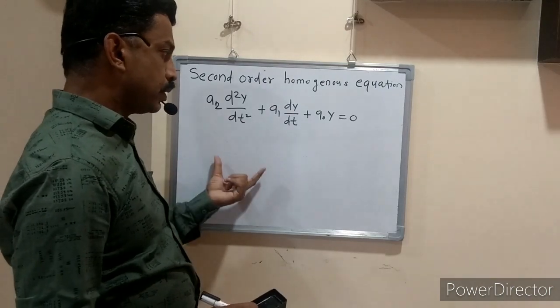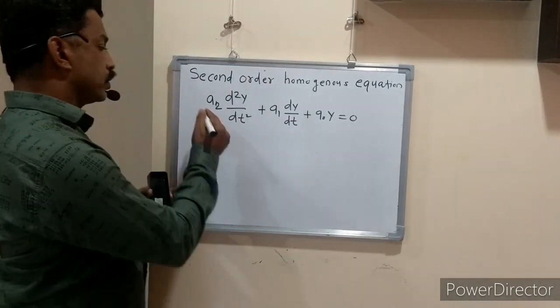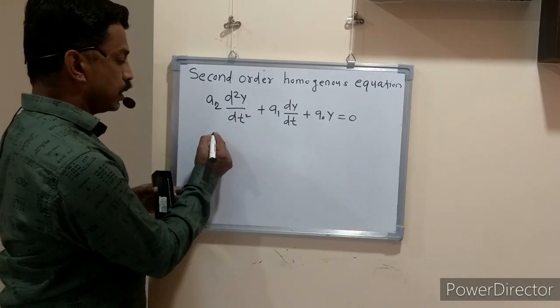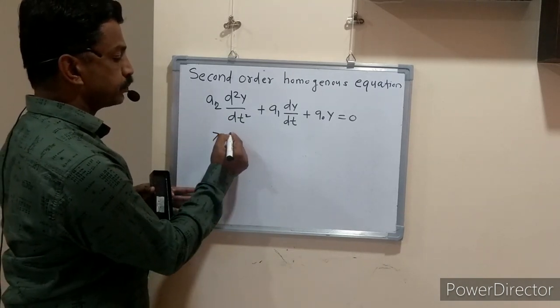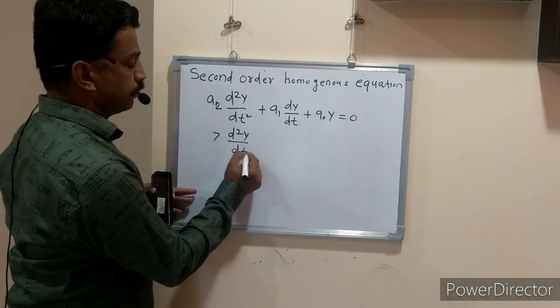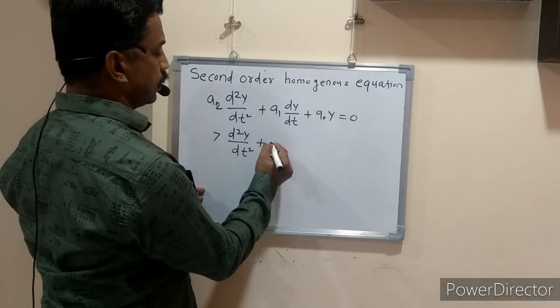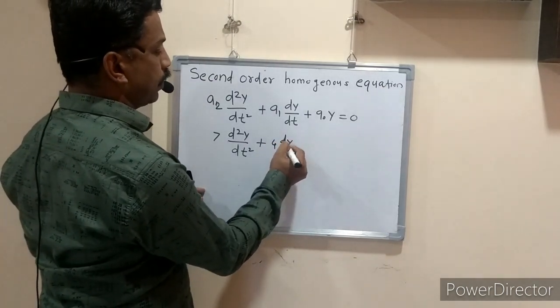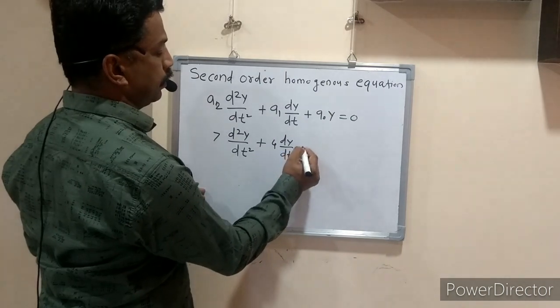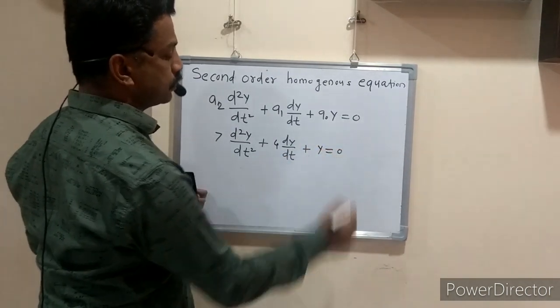Now the same equation we can write in terms of numbers, so you can easily understand. Instead of a2 you can write any number, like 7 d2y by dt square, plus instead of a1 any number, 4 dy by dt, plus here we write only y equal to 0.